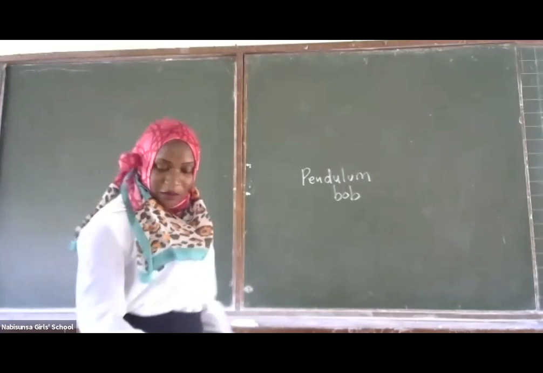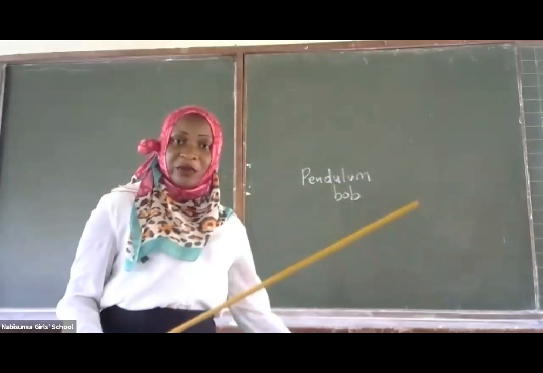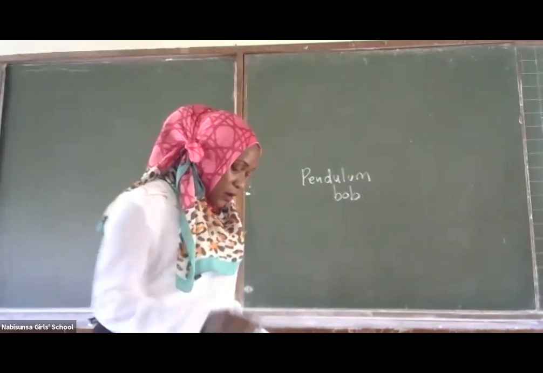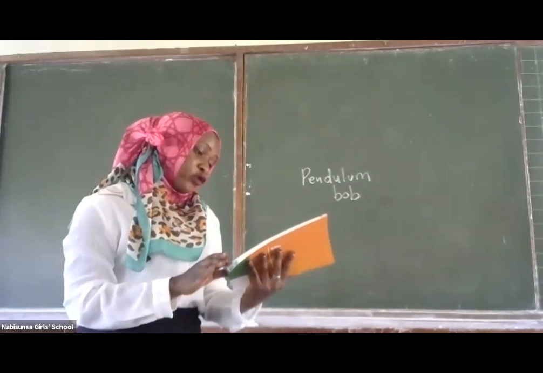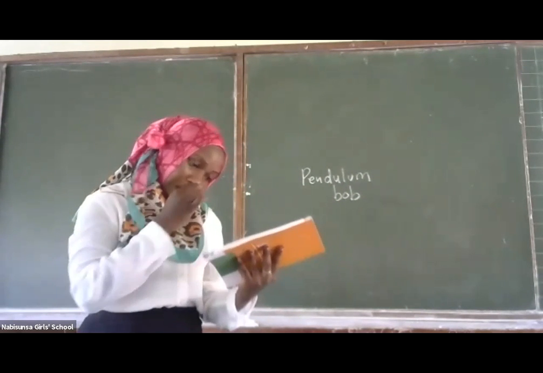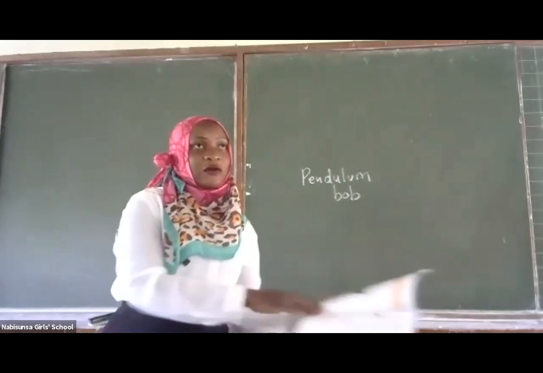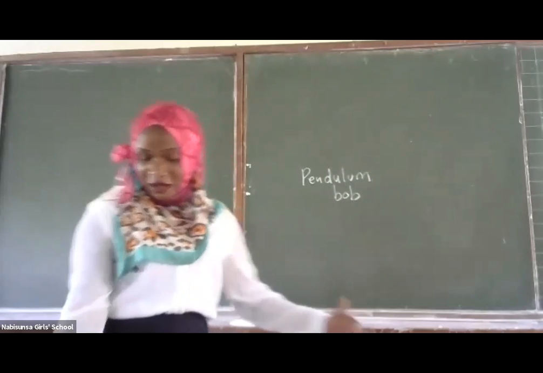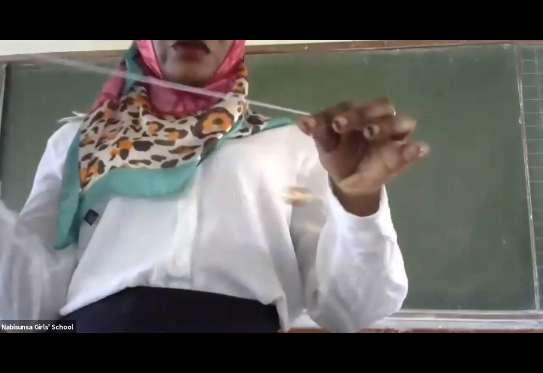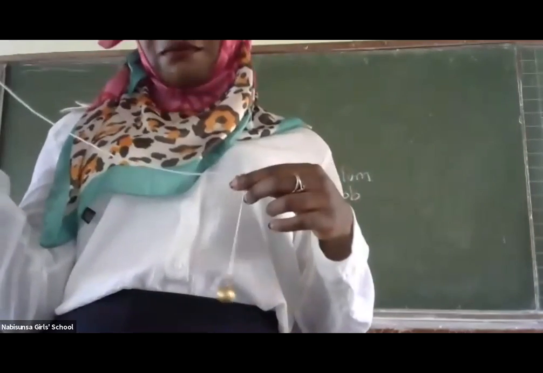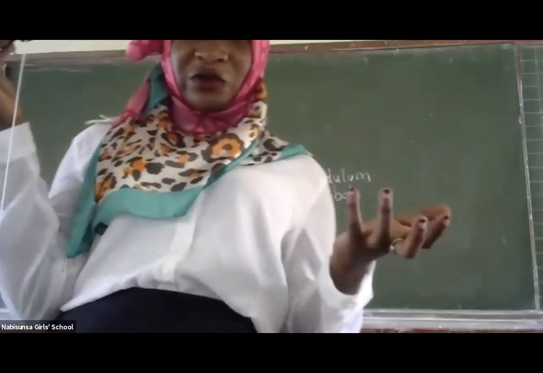So we have looked at a pendulum, how we can use it to tell time, which we'll also be getting in the laboratory when you come to school to do your practicals. Is that okay? Now, the time that you've got using the pendulum, we can call it estimated time, because it may not be exact, it may not be accurate.